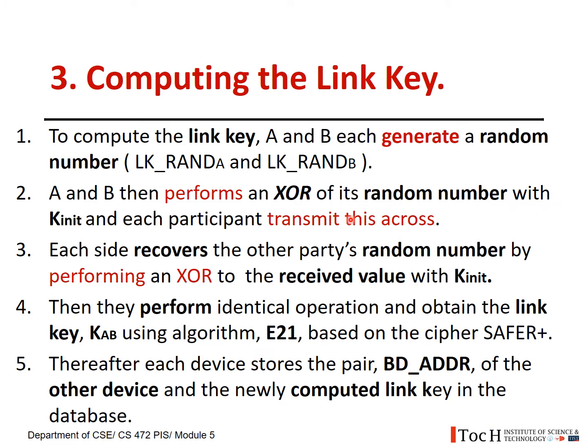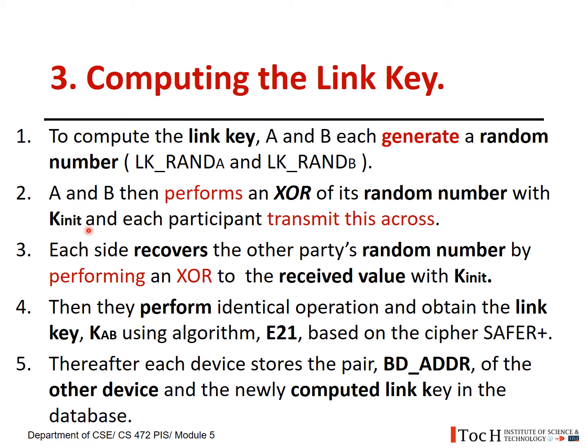Next is the most important computation, that is the computation of the link key. To compute the link key, both communicating parties, A and B, generate a random number. This random number is called the link key random number of A and the link key random number of B. That is the first step.